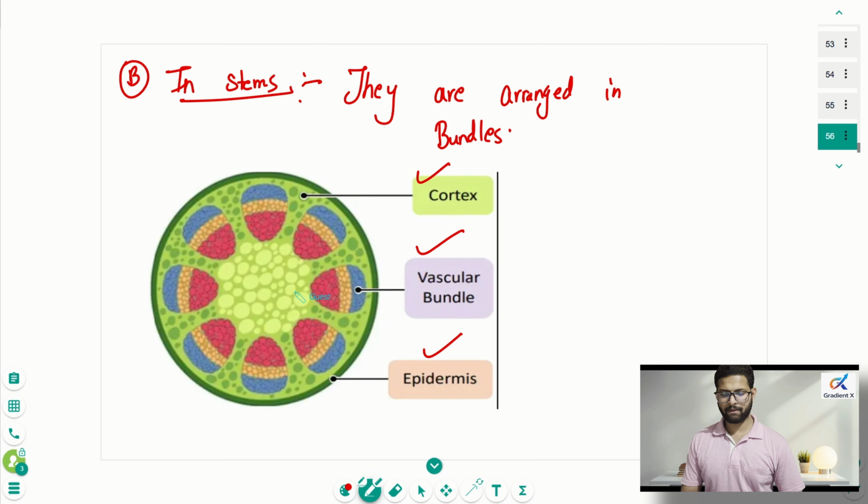What is the pink? It is the xylem, right? The yellow starts with C, it is the thing that controls the vascular bundle.